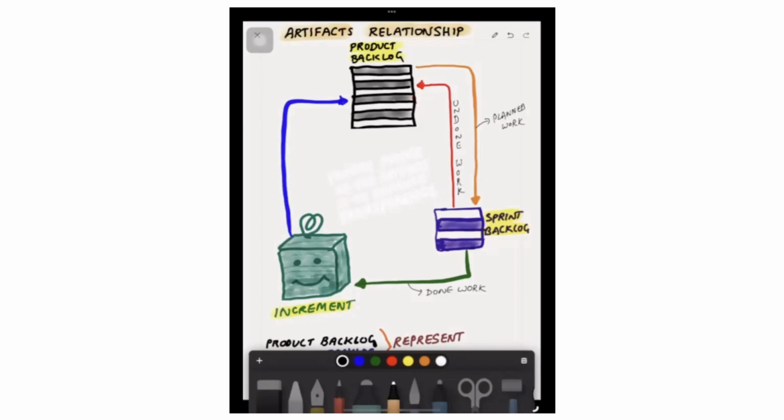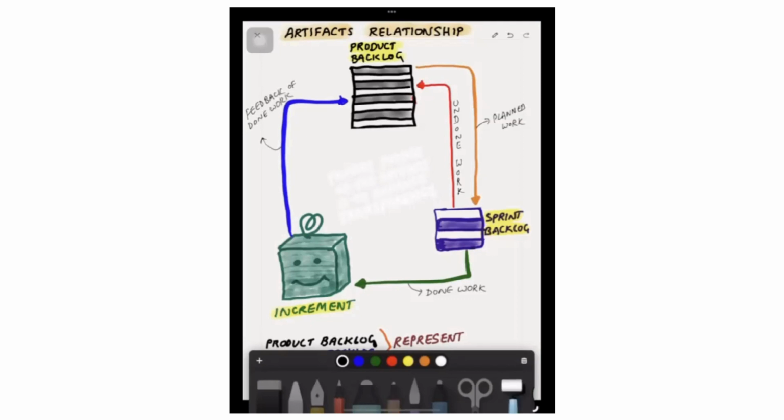Blue line is feedback on done work, which may be coming from the product owner or the stakeholders.